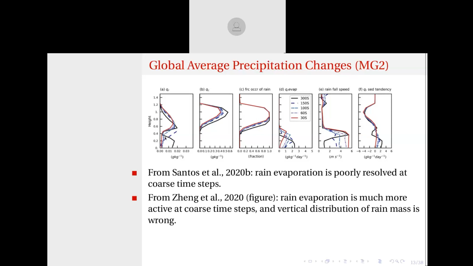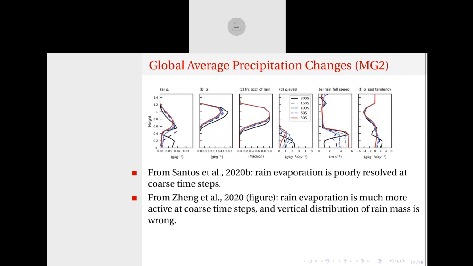QR here is the rain mass for this single column. I think this is an average over the first day or two of the experiment, and you see this weird double-lobed shape where there's a lot of rain in the cloud and then a lot of rain down here, and for some reason not a lot near the cloud base.